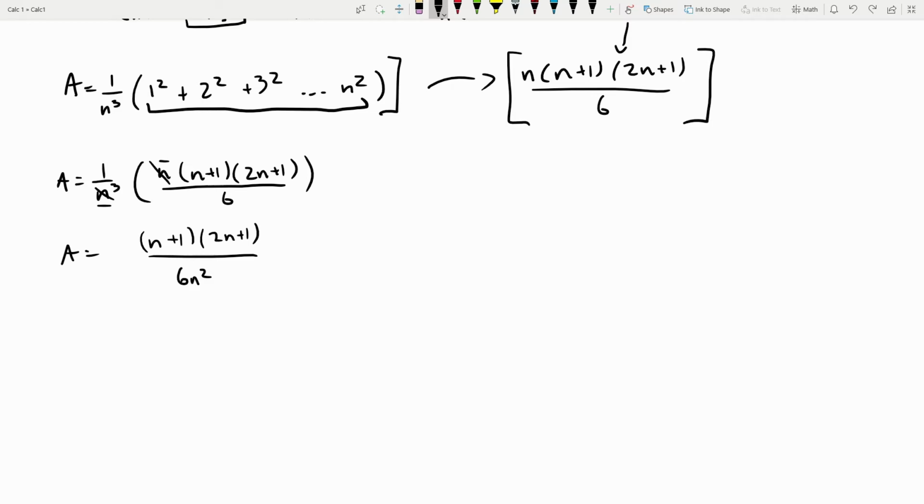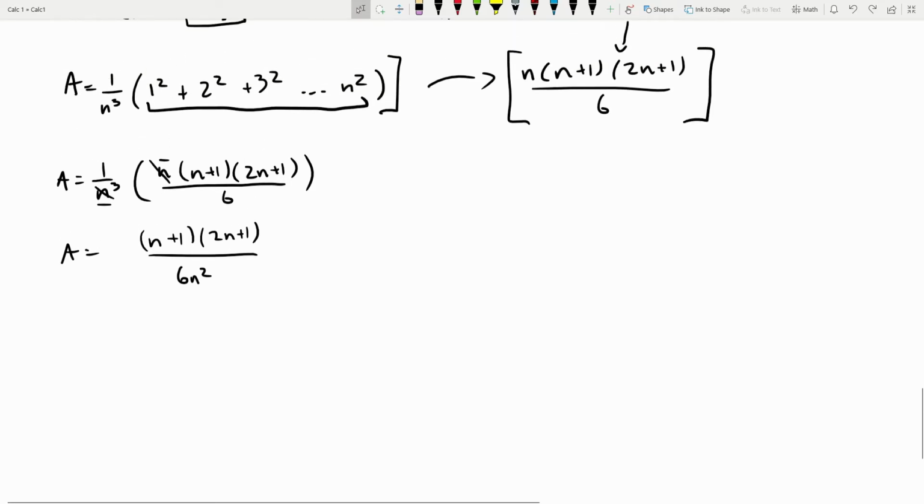But we do want this value of n to be the greatest amount possible so that we can reduce the error as much as we can, like I said before. One way that we know how to do this is by taking the limit. We want the smallest amount of error possible, which means we want the most rectangles within this interval, right?